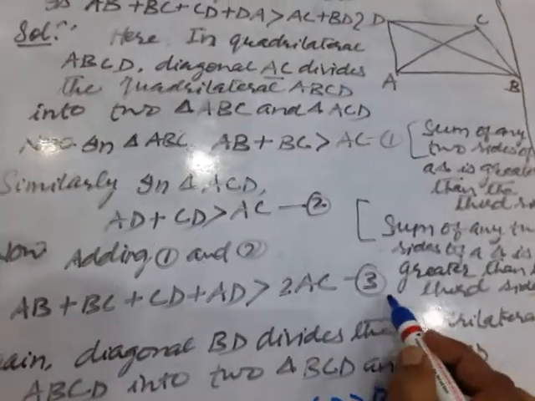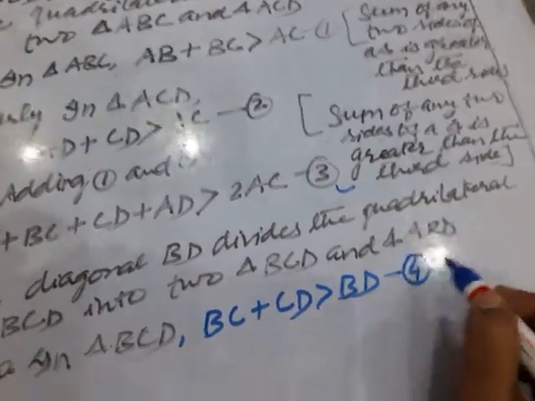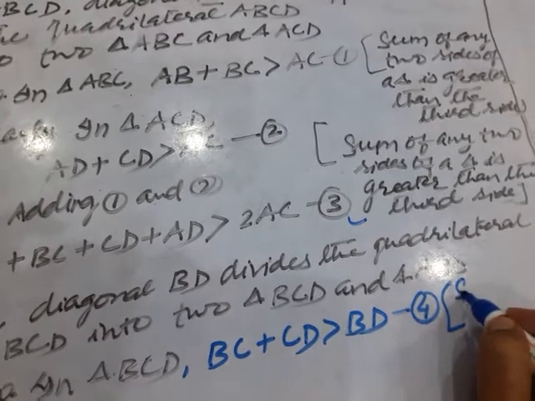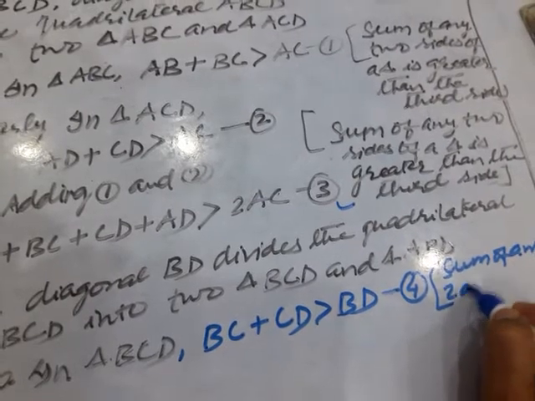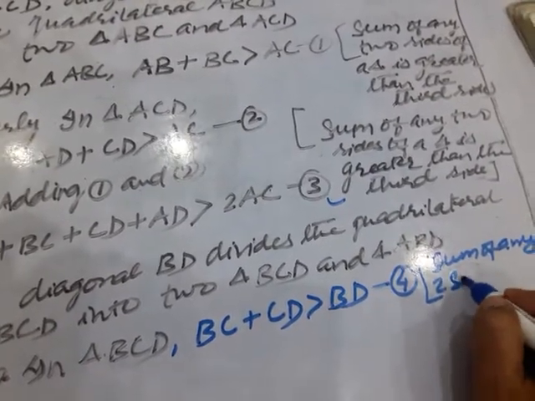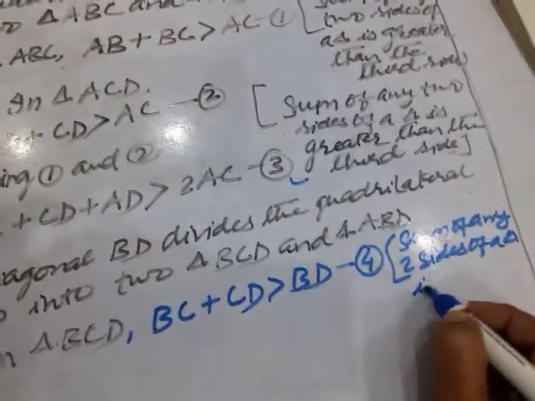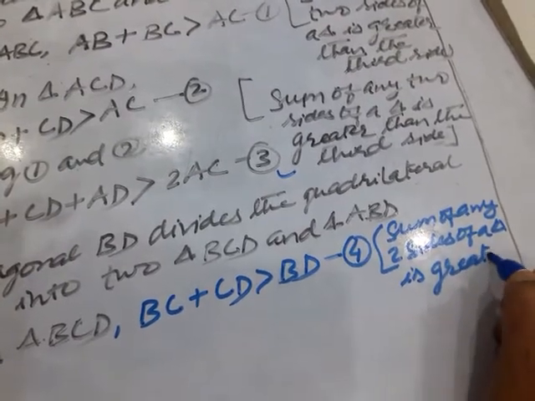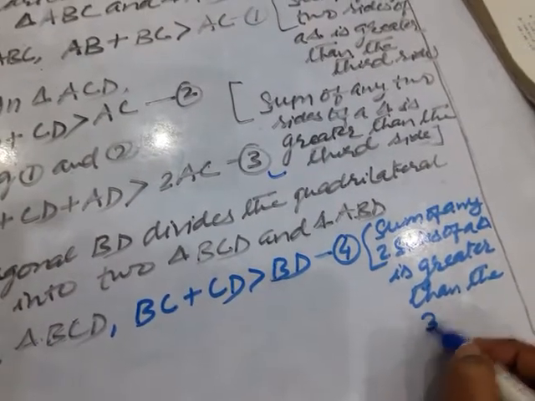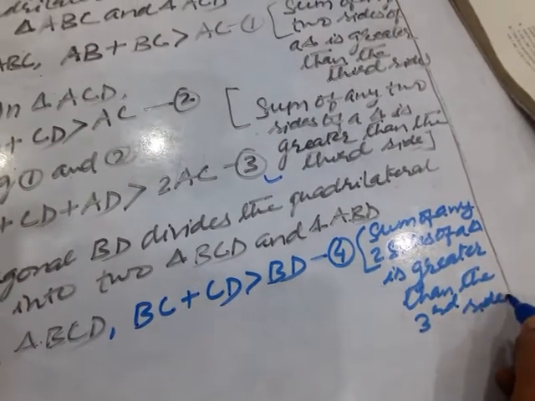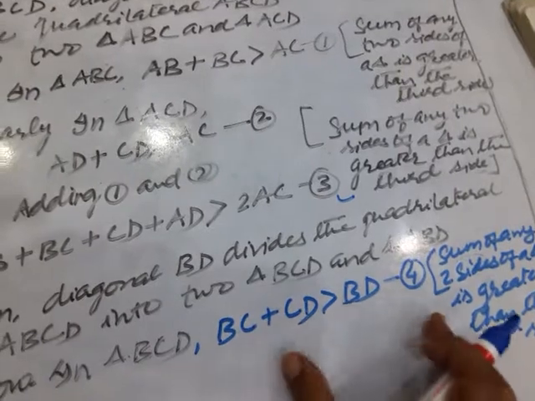Okay children, that is BC plus CD is greater than BD. Let it be equation number 4. What is the reason? The sum of any two sides of a triangle is greater than the third side. What is the property? The sum of any two sides of a triangle is greater than the third side. Okay children, this is equation number 4.